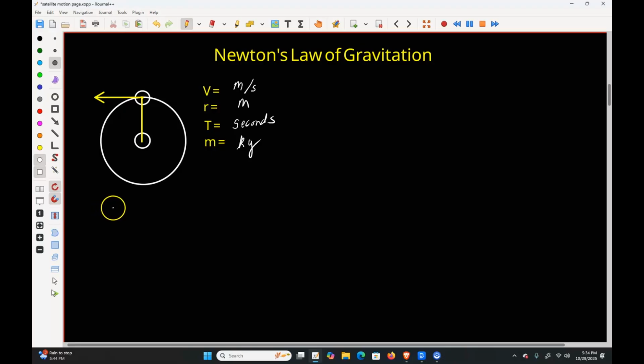So we'll start with force equals mass times acceleration.